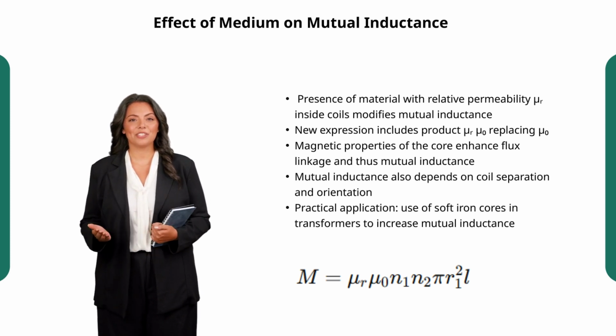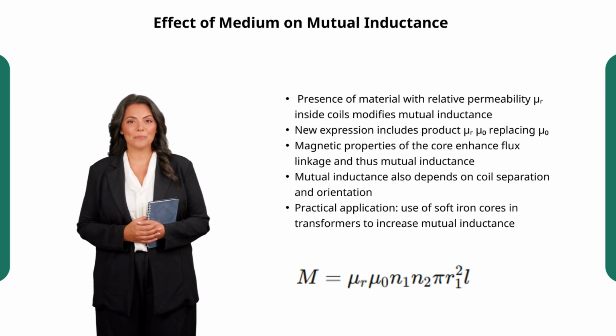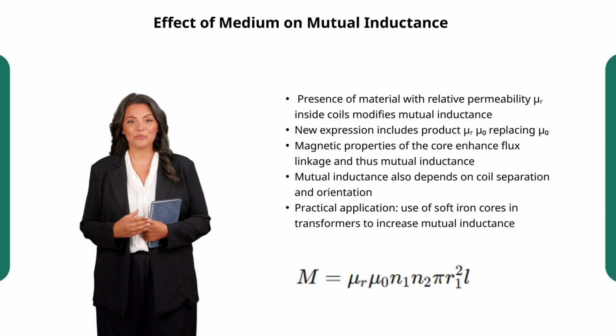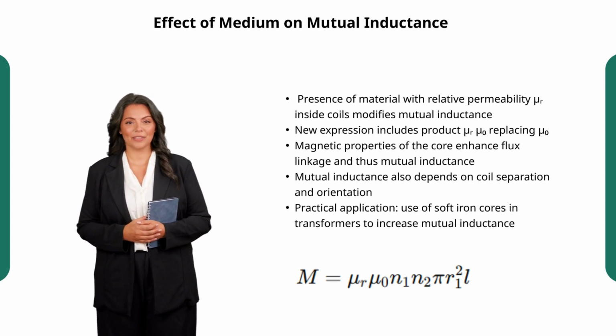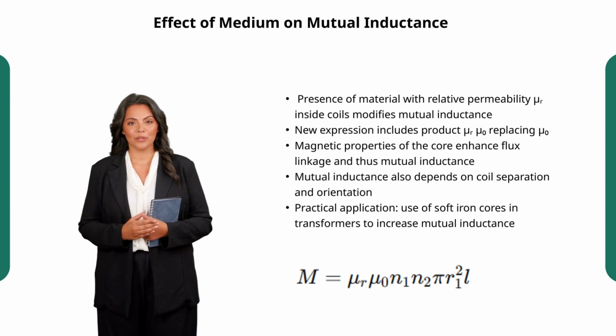This enhancement is utilized in devices like transformers, where soft iron cores with high permeability dramatically increase mutual inductance, allowing more efficient energy transfer. Besides material properties, mutual inductance depends on how coils are oriented relative to each other and their separation distance.